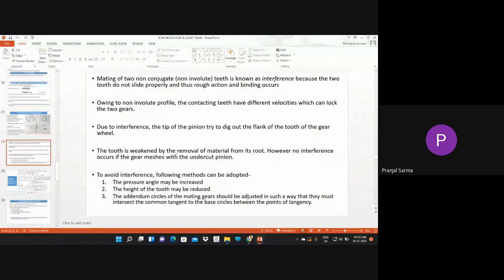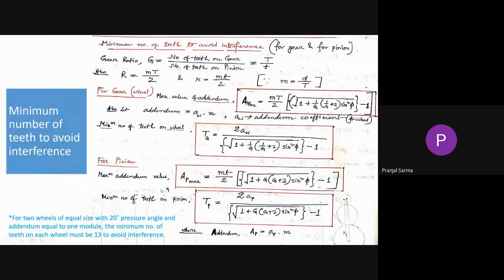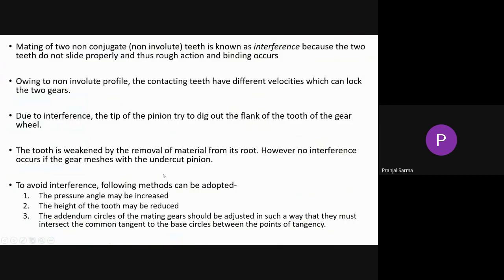If there are fewer than the required number of teeth, then there will be interference. And from experiments it has been found out that there is a requirement of a minimum number of teeth to avoid the interference. Up to this much, I hope it's clear.